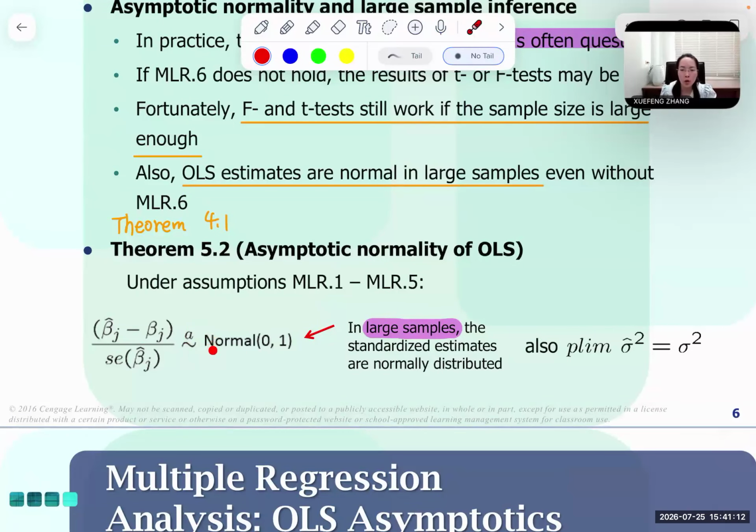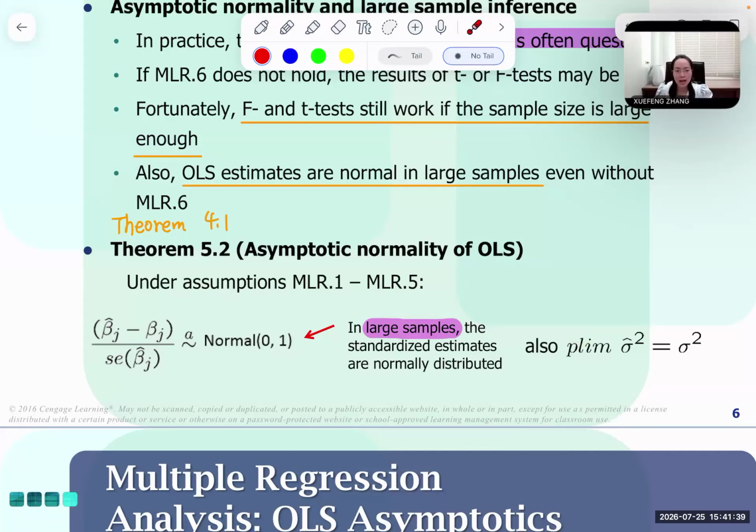But it holds under much weaker conditions, okay? This is the trade-off. Also worth noting, the plim of sigma square hat equals sigma squared. Our estimator of the error variance is also consistent. As long as you see plim, it means consistent.